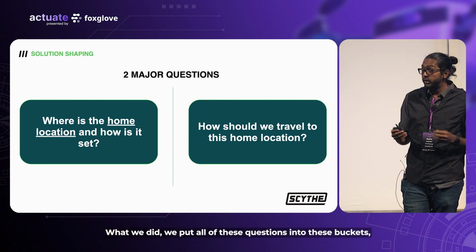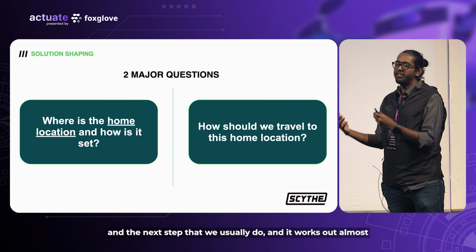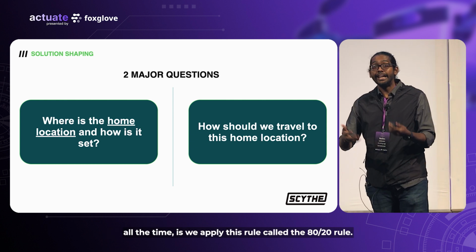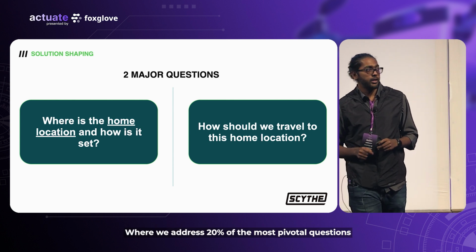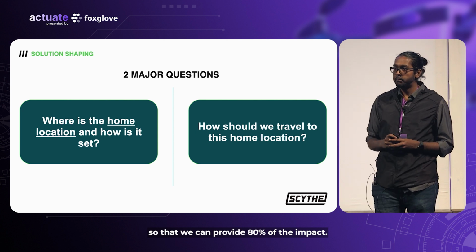So we put all of these questions into these buckets, and the next step that we usually do, and it works out almost all the time, is we apply the 80-20 rule, where we address 20% of the most pivotal questions so that we can provide 80% of the impact.